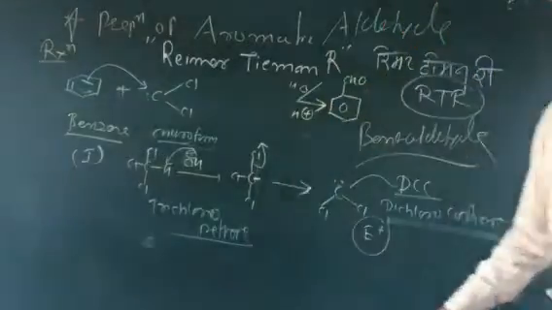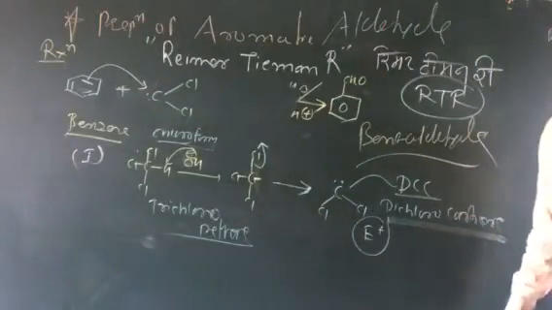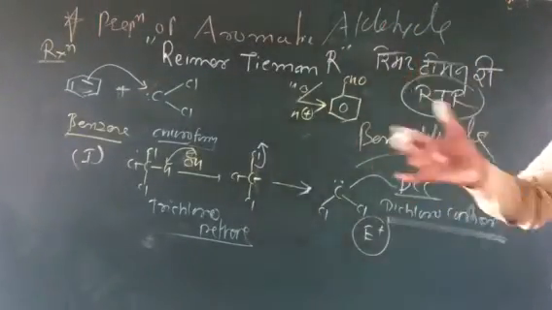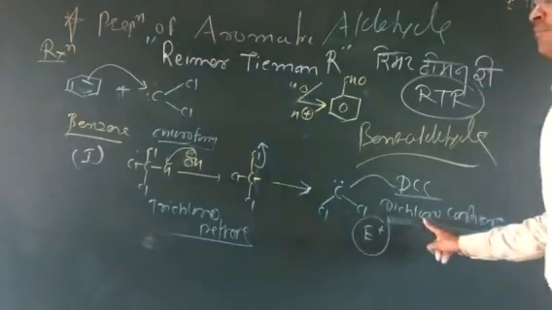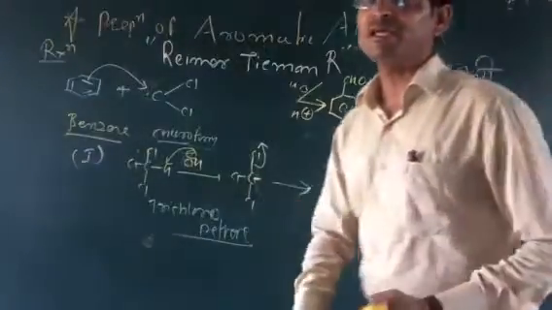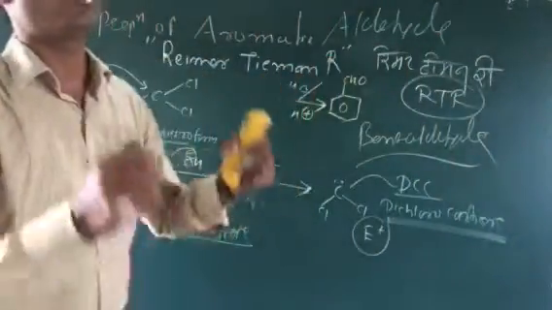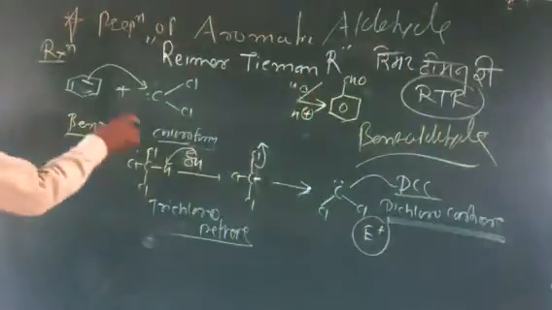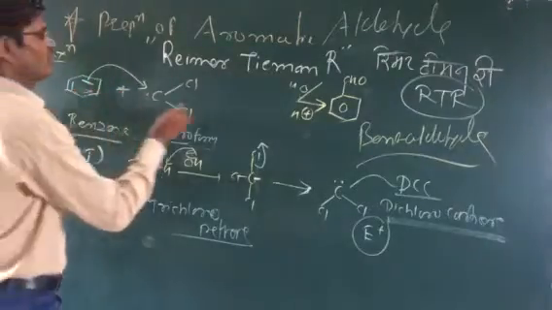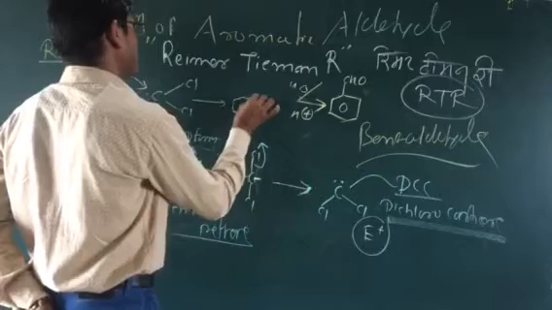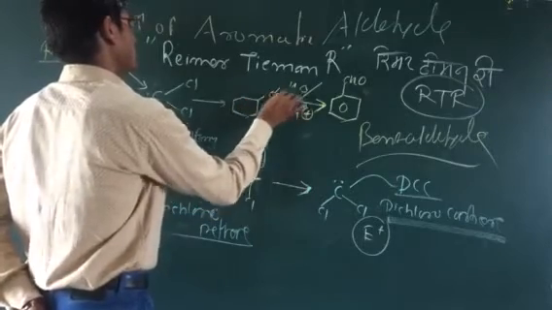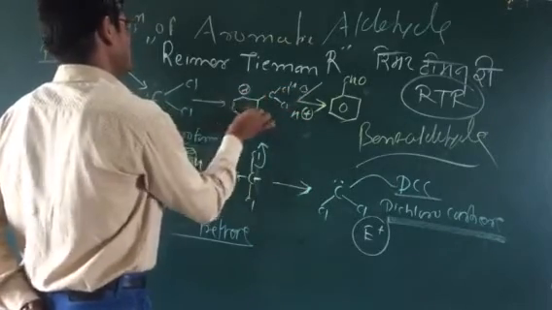Like the carbocation acts as an electrophile, electron deficient, electron poor, the dichlorocarbene acts the same way. That's why this pi electron is shifted to here and the intermediate is obtained. This is one of the steps here. This is chlorine, this one is chlorine, and this carries the positive charge.